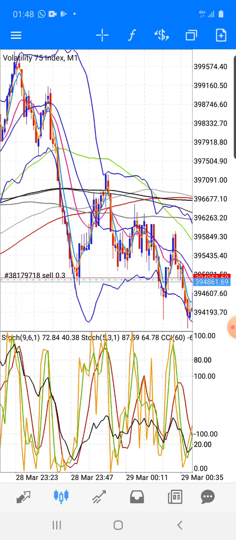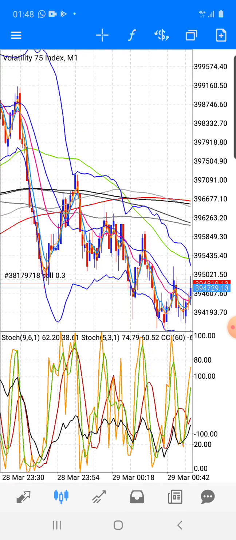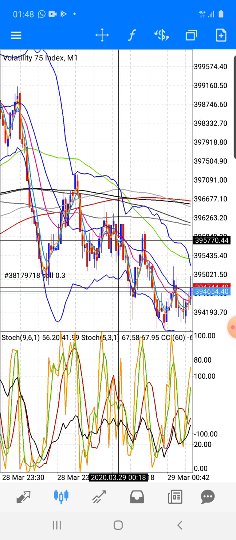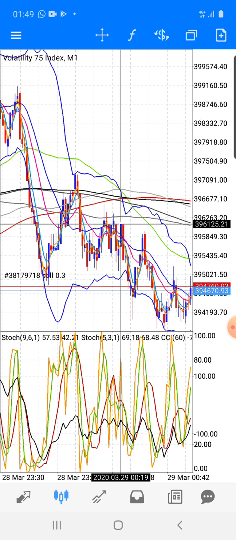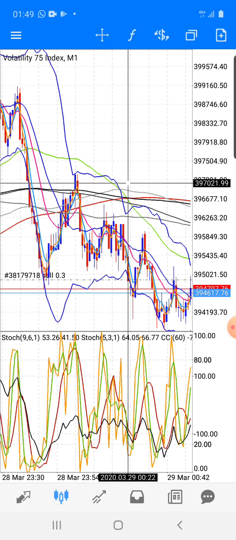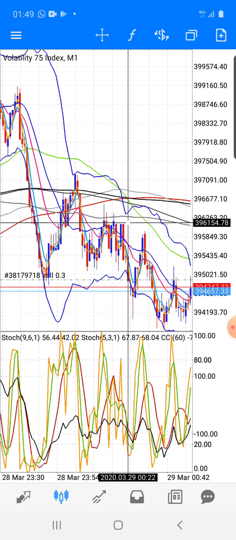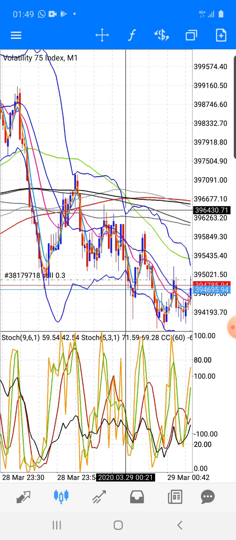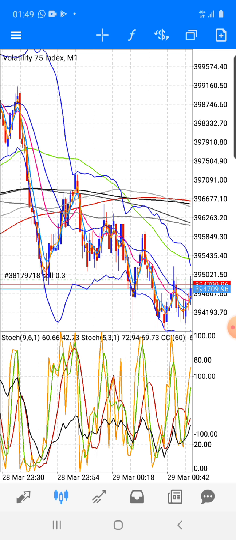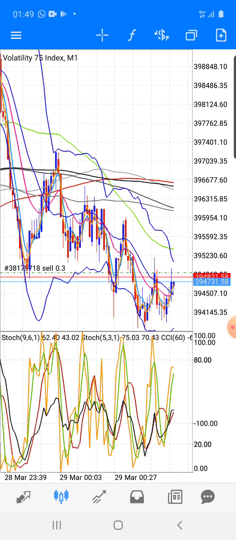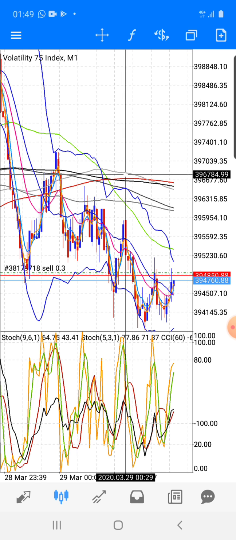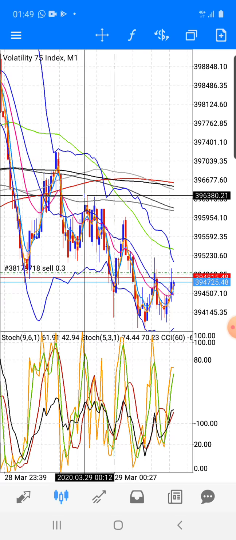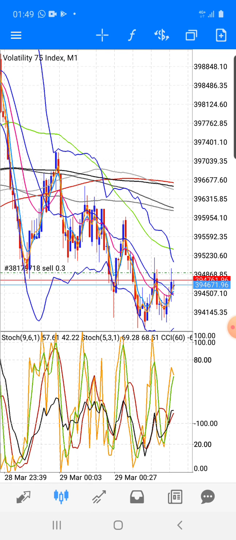And it too crossed the red moving average somewhere here, signaling the end of the buy and possibly the start of the sell. So this is what happened on the 1 minute. You can see it here. The red crossed the green down very clearly, signaling the end of the buy.